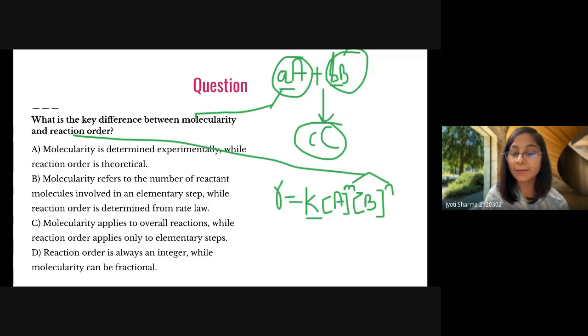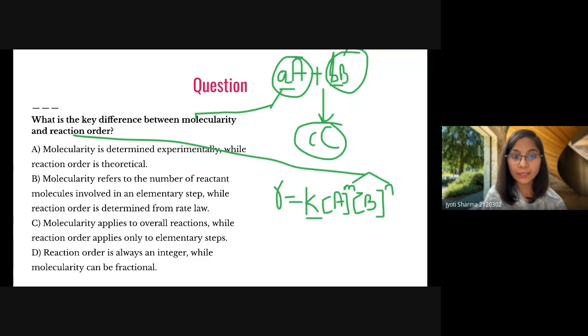But for A and B, finding the number of molecules that will collide with each other and give rise to the number of moles in C, we can calculate theoretically. So molecularity we can estimate theoretically, but m and n we have to calculate experimentally.